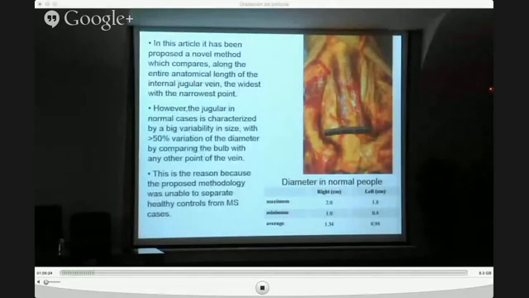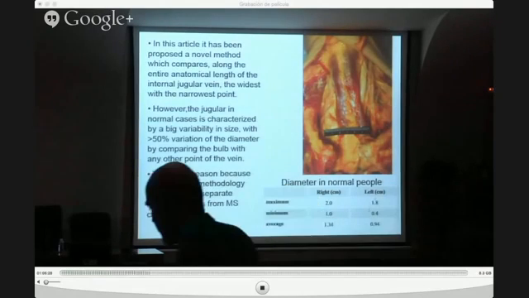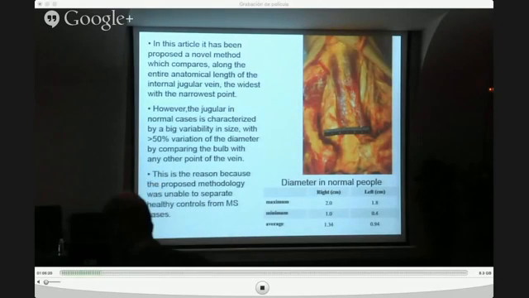On the left it is 1.8 and 0.4. So in a normal population, if you compare the narrowest with the widest point of the internal jugular vein, you find stenosis. This is the reason why the proposed methodology was completely unable to separate healthy controls from MS.